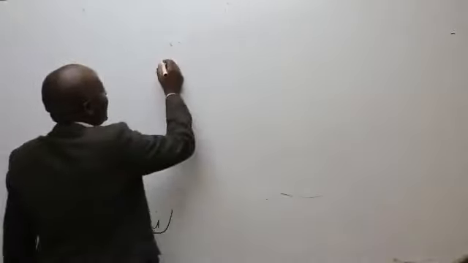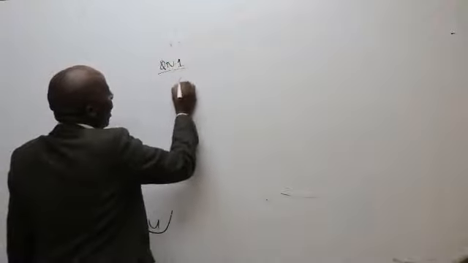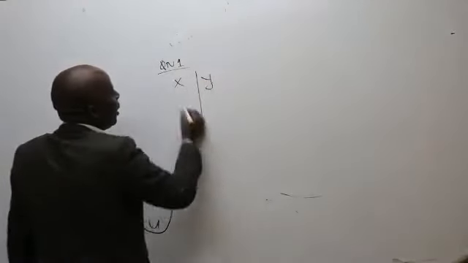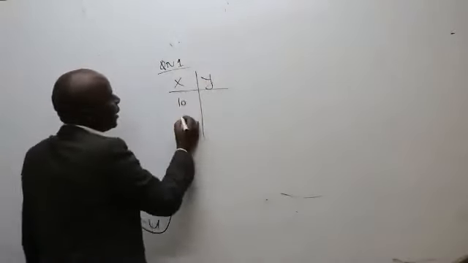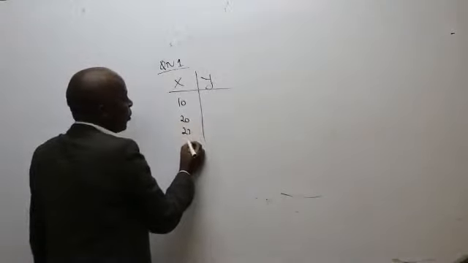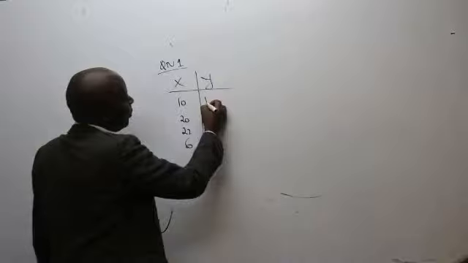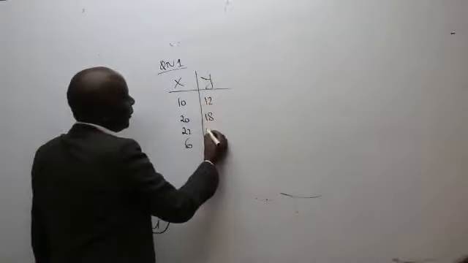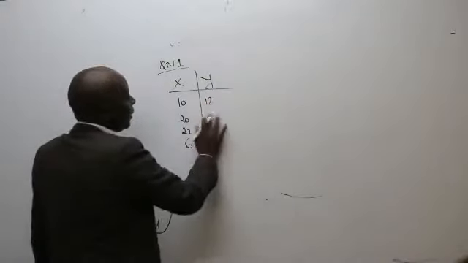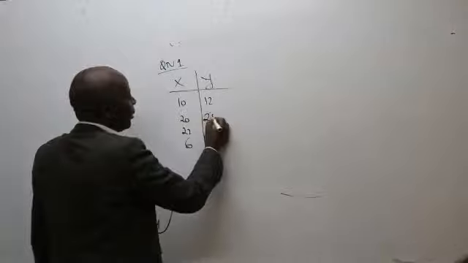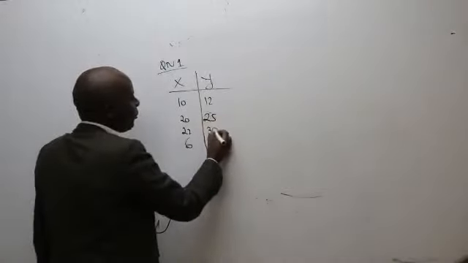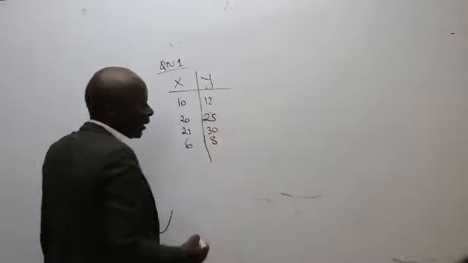And the question is here. Question number 1, they have given us X, Y. So we have here, for instance, 10, 20, 22, 6, 12, 25, 30, and 8.